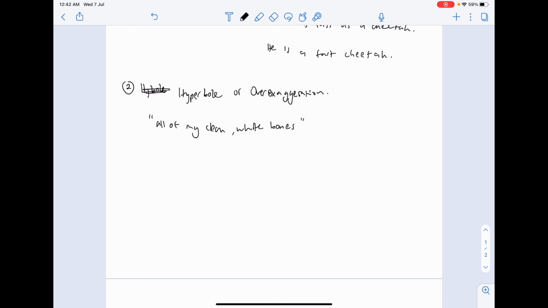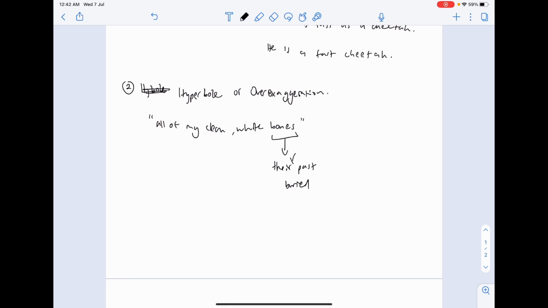So in the context of this book in particular, we have taken bones to mean their past, okay? A hidden past, a buried past, because we bury bones. So it's a buried past.